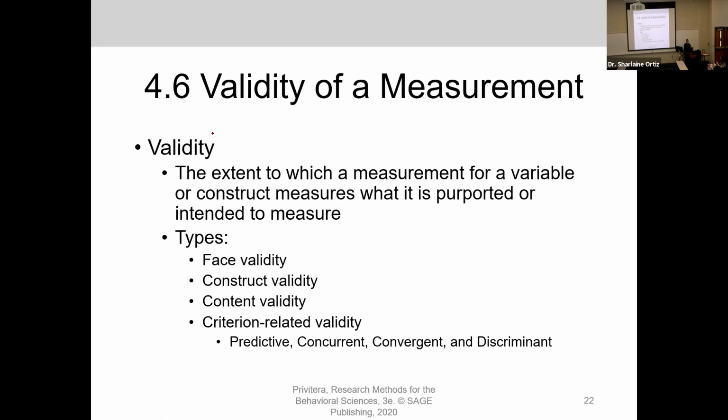Validity is the extent to which a variable, that measurement, that construct, is indeed measuring what it wants to measure. So reliability is consistent, between people, within items, between different points in time. Is it consistent? Whereas validity is: is this truly measuring what I said it's going to measure?